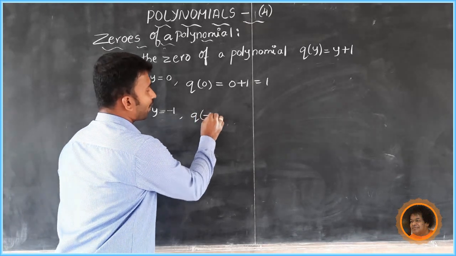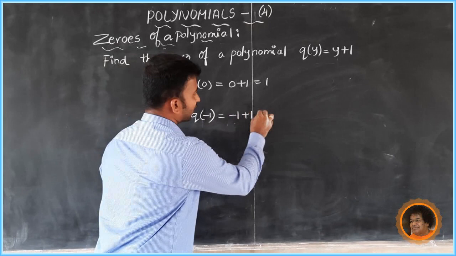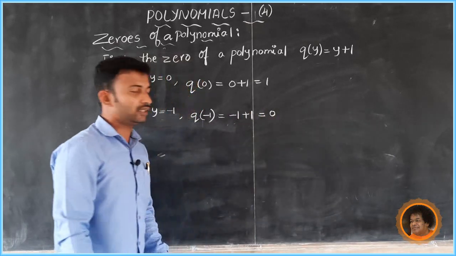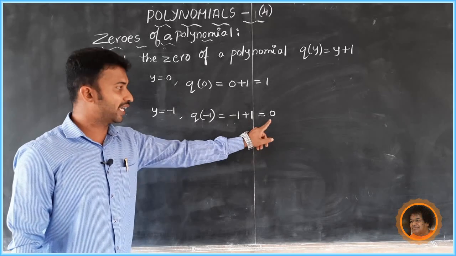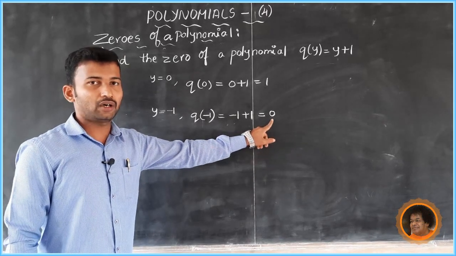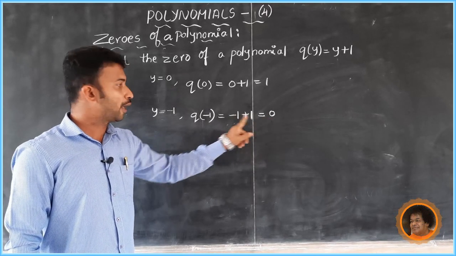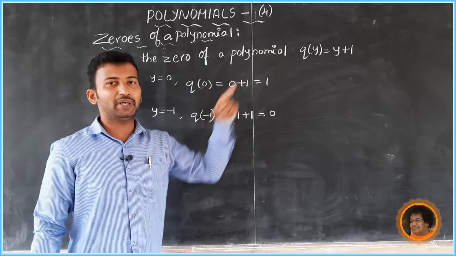Q of minus 1 is equal to minus 1 plus 1. What is minus 1 plus 1? Minus 1 plus 1 is equal to 0. We got 0 as the answer. So we can say minus 1 is the zero of the polynomial y plus 1.